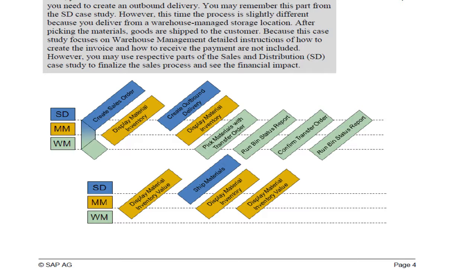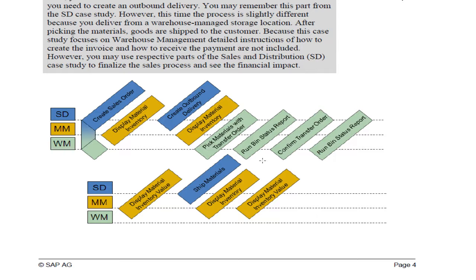So we're going to recreate the sales order processes that we've seen before. We have to generate sales orders, create an outbound delivery note for order picking, and then we're going to ship the products. We're going to interface, of course, with the materials management system, looking at our inventory status reports as we follow the progression of the case study.